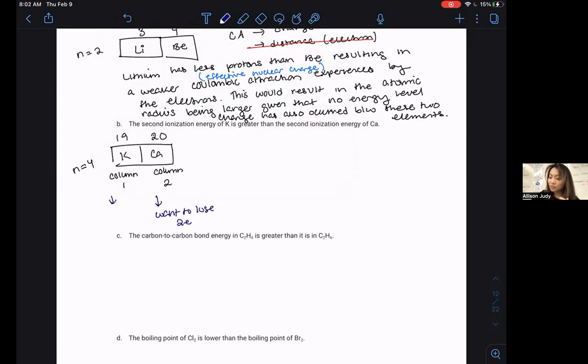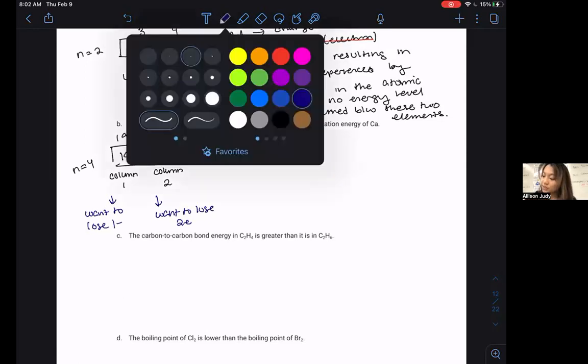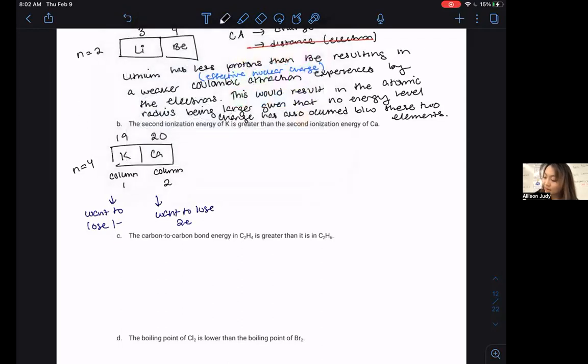But potassium is going to want to lose 1 electron to become like the noble gas behind it, which is also argon. So when we look at the ionization energies, let's start with potassium. Potassium only wants to lose 1 electron, or is favorable to the process of losing 1 electron, only wants to reach stability, or you could even say an octet.